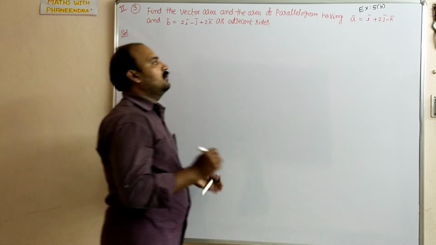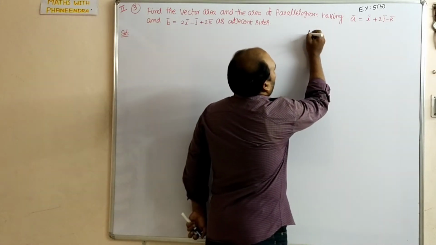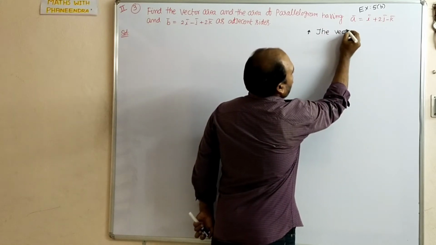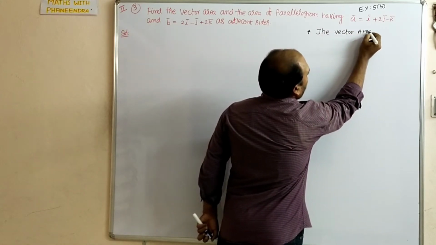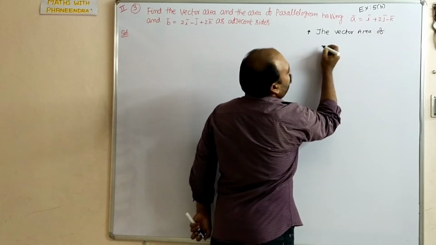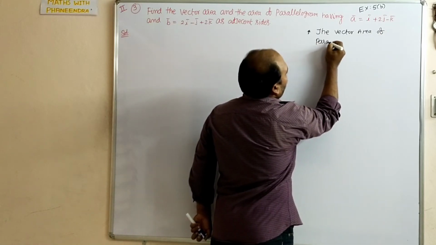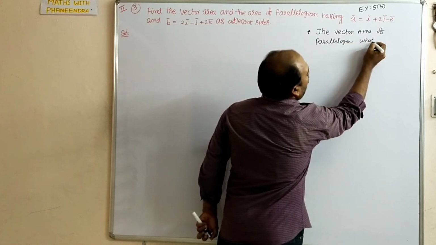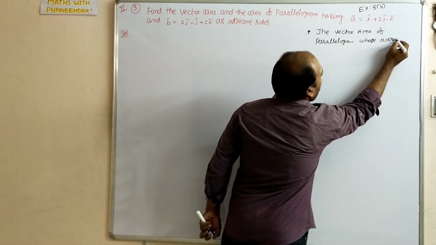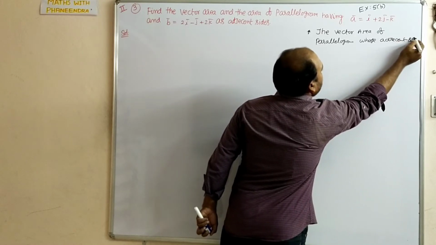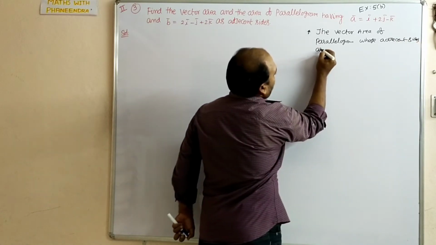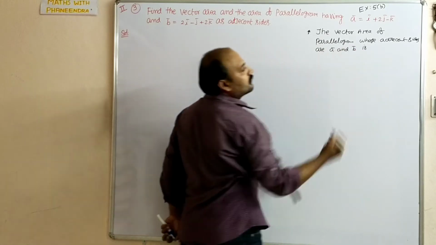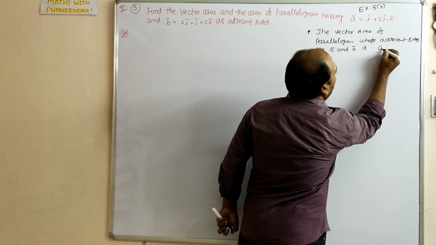Because the formula for the vector area of a parallelogram whose adjacent sides are A bar and B bar is A bar cross B bar.